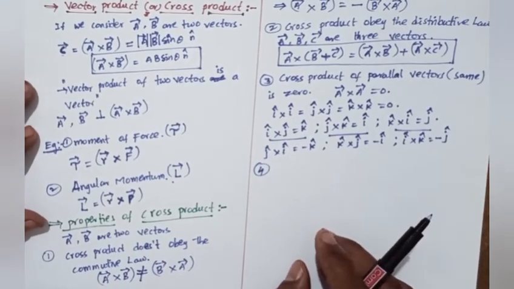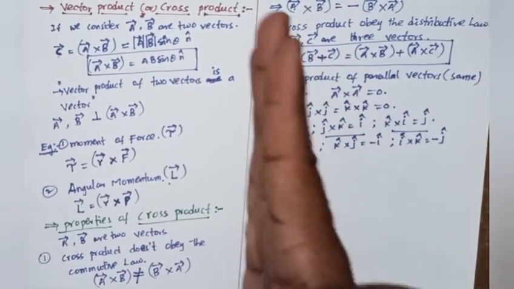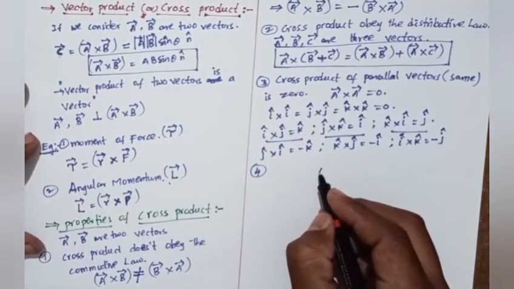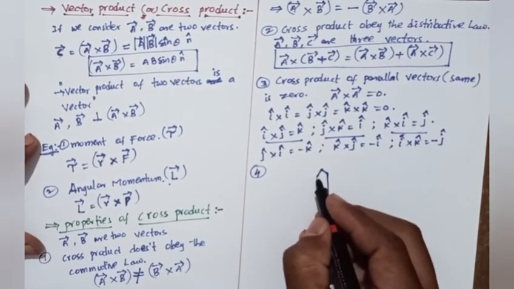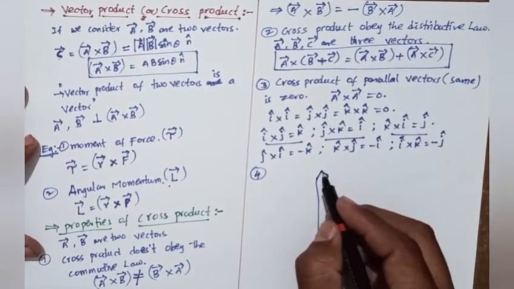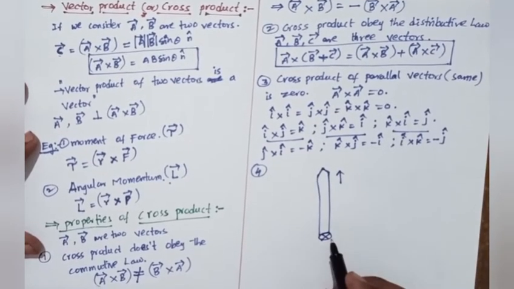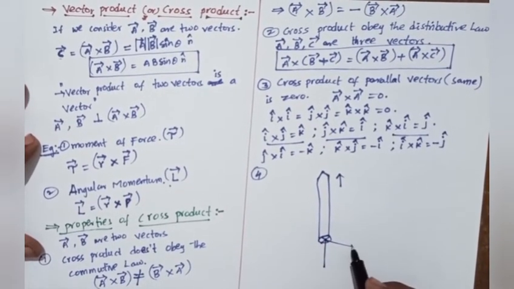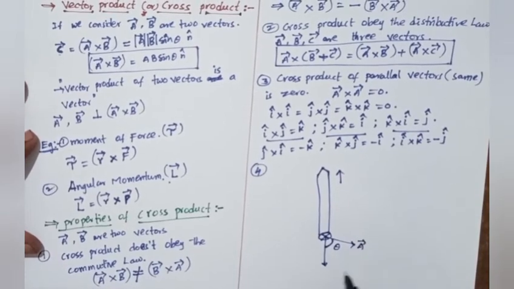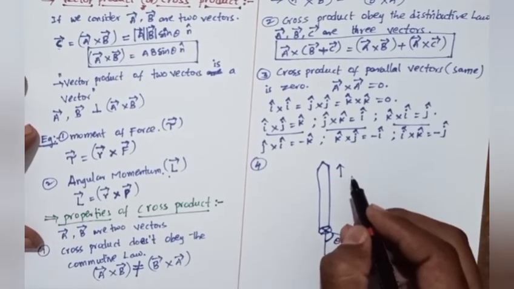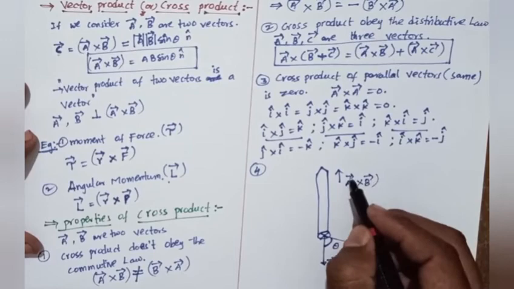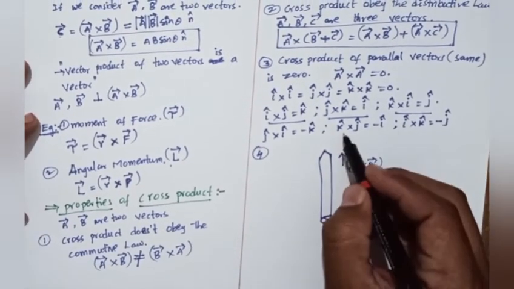For example, with the right hand thumb, the direction is perpendicular, where the angle between A bar and B bar is theta. The direction of A bar cross B bar follows the right-handed screw rule, in the upward direction.